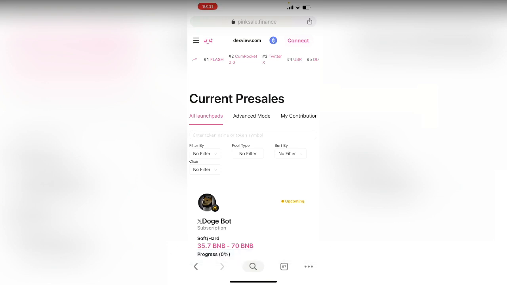A stealth launch is more or less like a fair launch, but it is available to everyone directly on the exchange. You just provide liquidity, then allow everyone to buy at their own pace. So that is stealth launch.